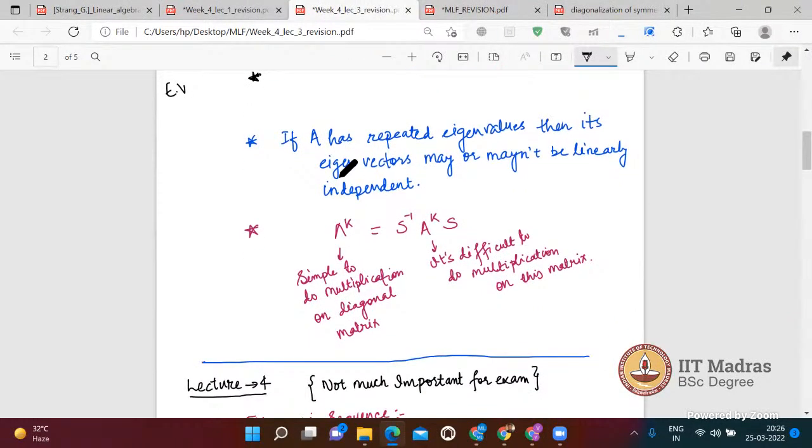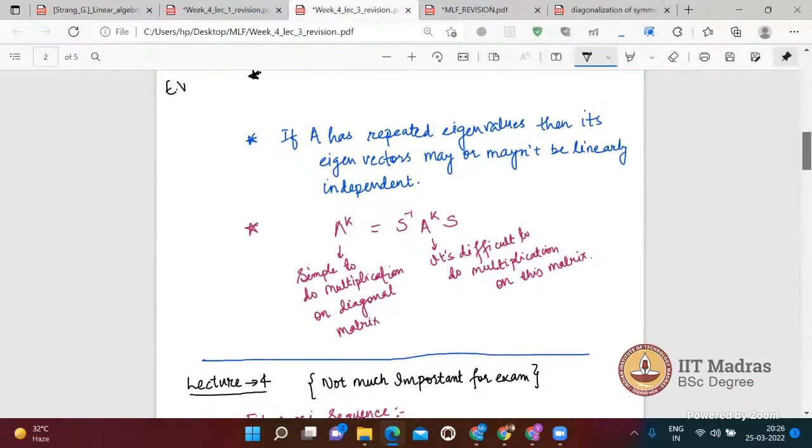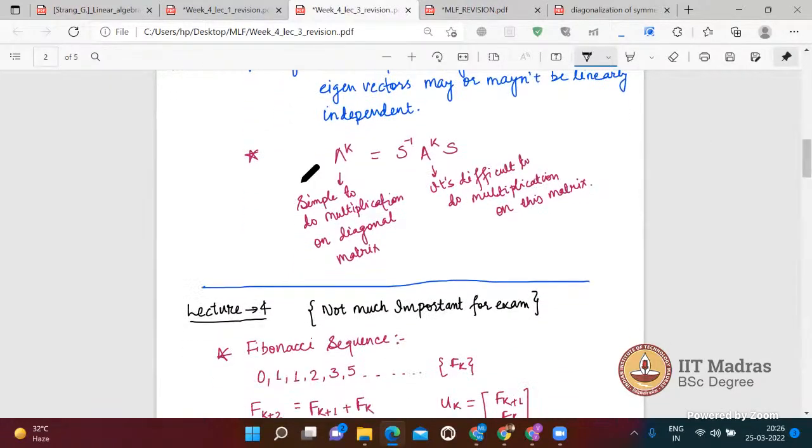This is also the same thing: if A has repeated eigenvalues, then its eigenvectors may or may not be linearly dependent. And this is one application of why we are doing the diagonalization. If you have to know about the A to the power kth matrices, you can directly apply it to the diagonal matrix, and then you can calculate whatever you need, like trace or determinant or anything.